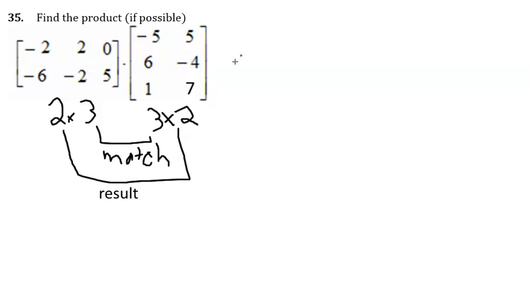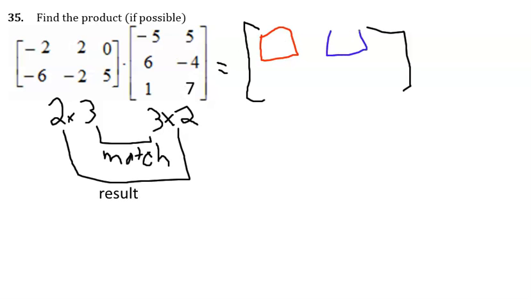So from that we could write a little template right here for the matrix, that's a 2 by 2. And I'll let this part be red. This step will be blue.